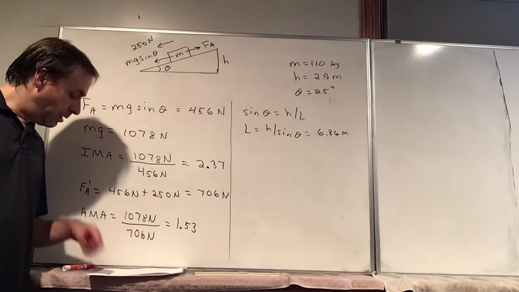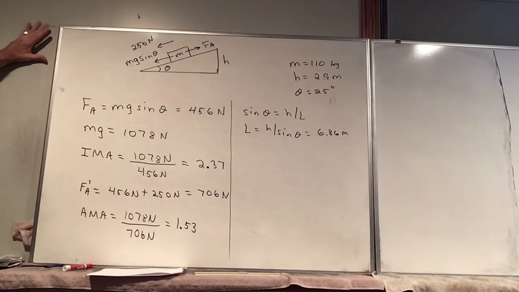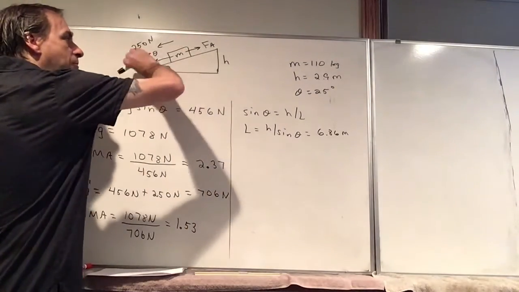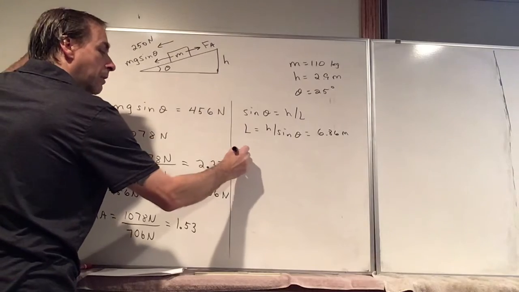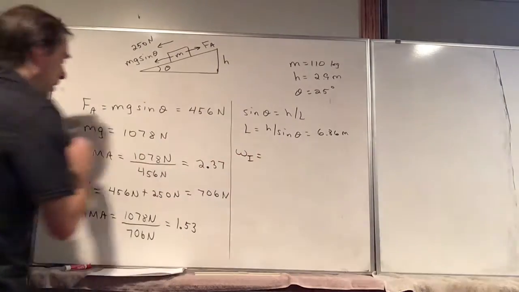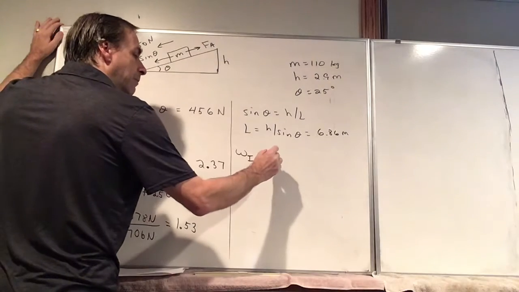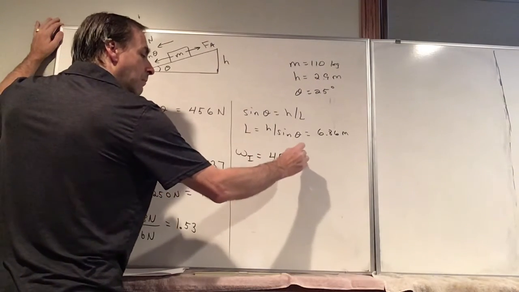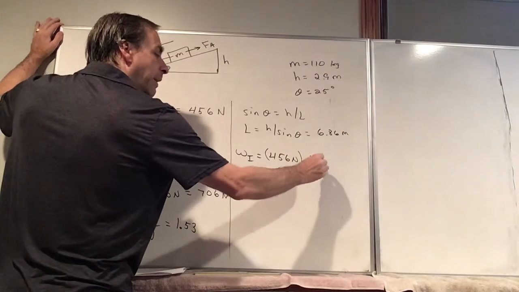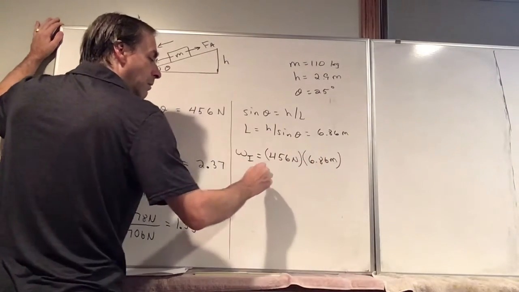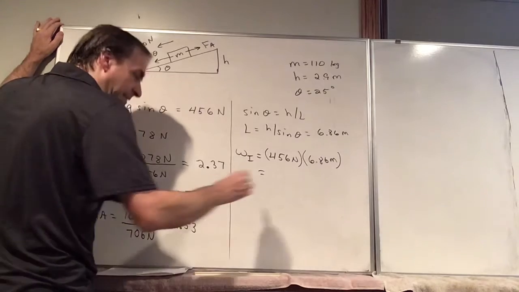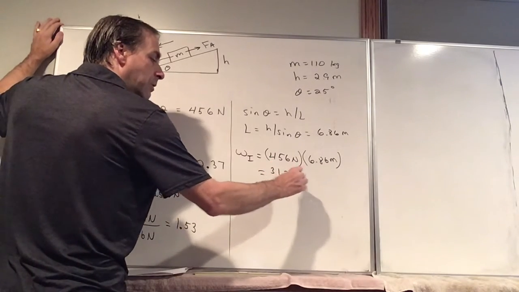And so the work done by the applied force, in both cases, for the ideal and the actual case, it'd be whatever force we apply times the length of the incline. So, we're applying a force in the direction of the displacement. So let's call that work ideal. We needed 456 newtons times 6.86 meters. So that was 3,126 joules.